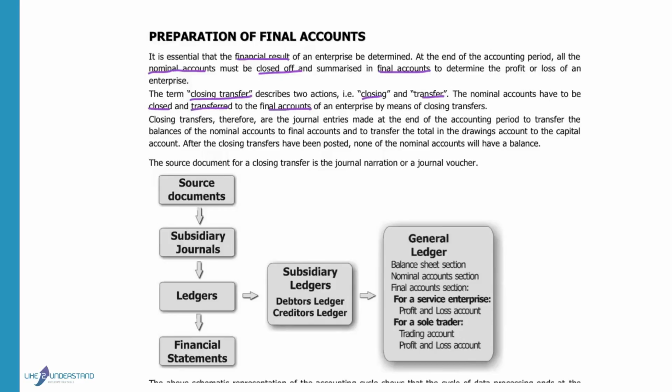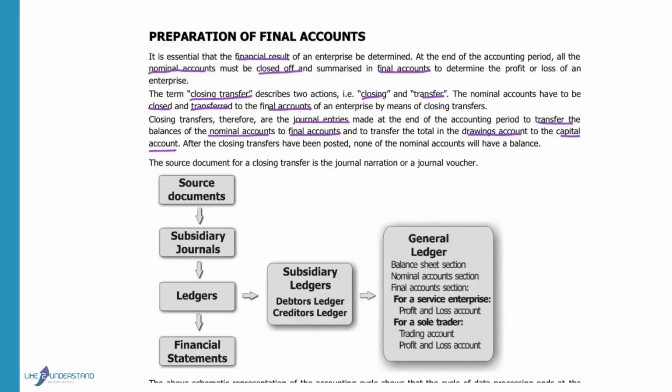Closing transfers are completed in the general journal at the end of the accounting period to transfer the balances in the nominal accounts to the final accounts and to transfer the balance in the drawings account to the capital account. After the closing transfers have been posted, there will be no totals or balances in any of the nominal accounts because they were all closed off and transferred to the final accounts.